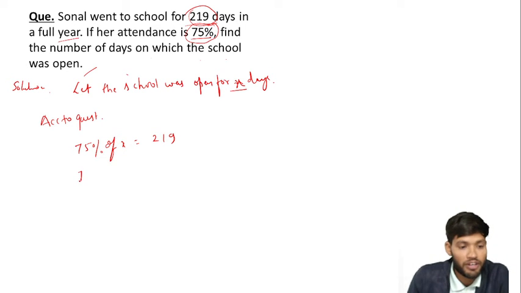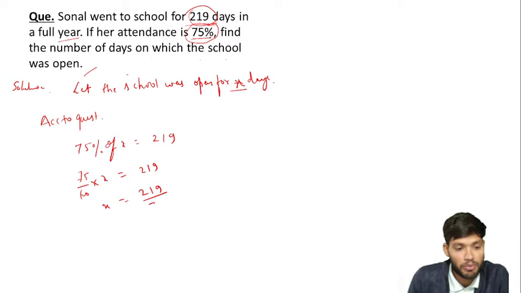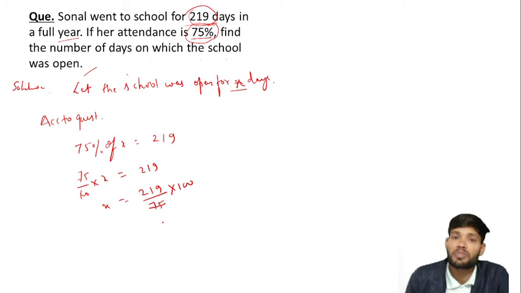So 75 upon 100 into X is equal to 219. So X is equal to 219 upon 75 into 100. We'll cancel out, 25 3s are 75, 25 4s are 100, and when we calculate, 3 1s are 3, 3 7s are 21, and 3 3s are 9. 73 into 4.